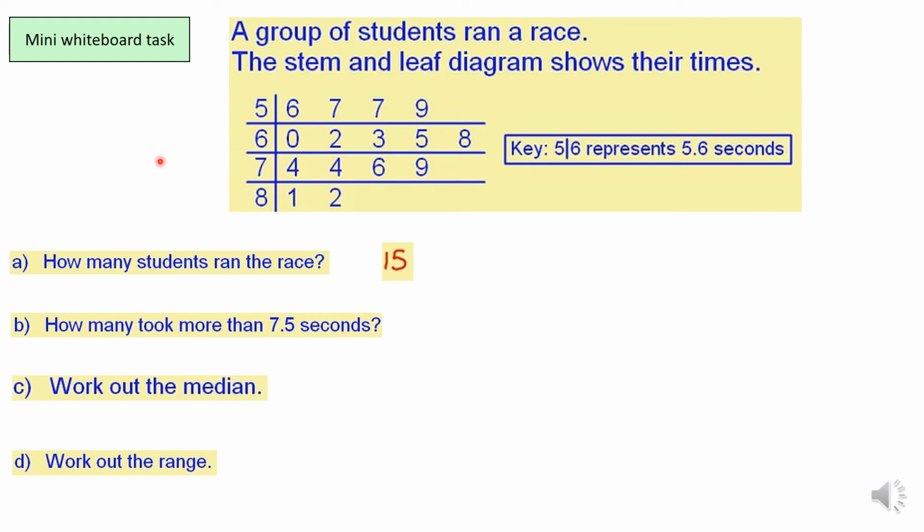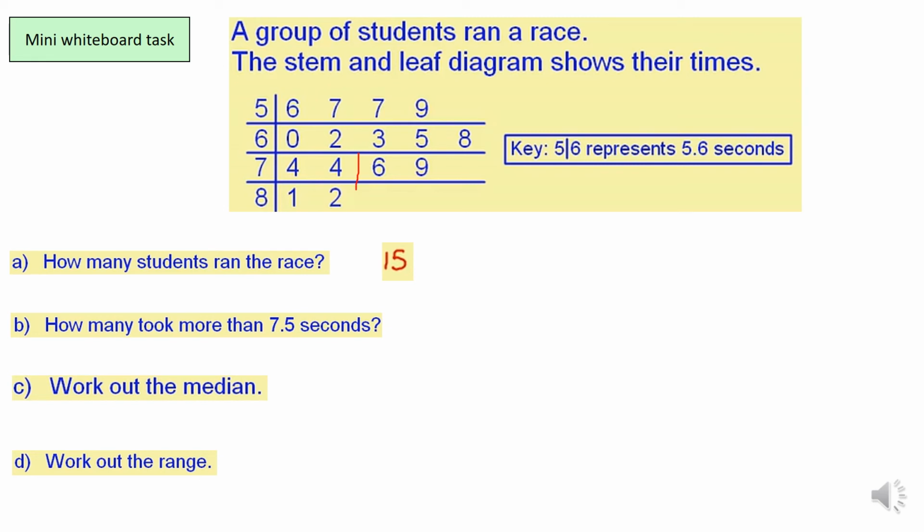Second part says how many took more than 7.5 seconds. Looking at 7 point something, it is this row. More than 7.5, I'm just going to draw my boundary for 7.5. The boundary for 7.5 would be there.